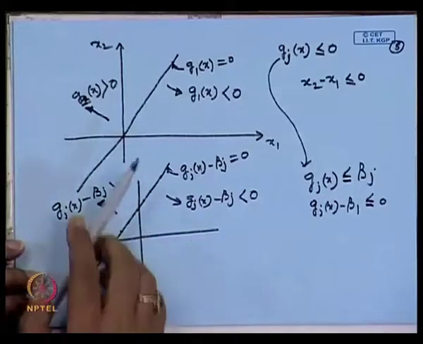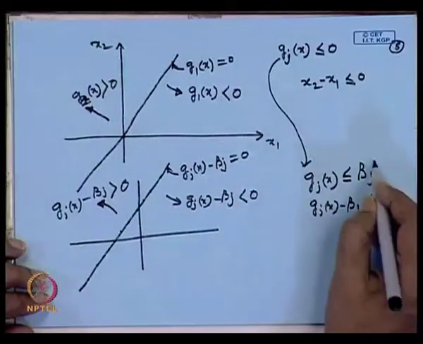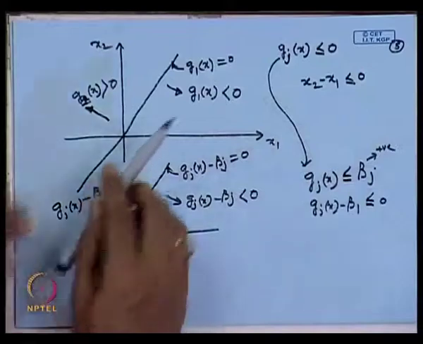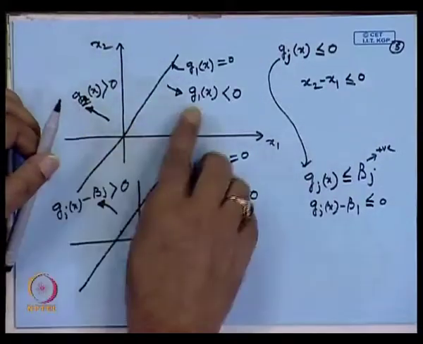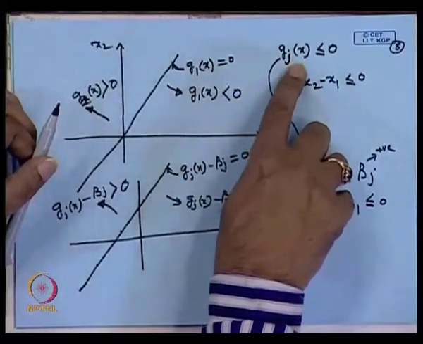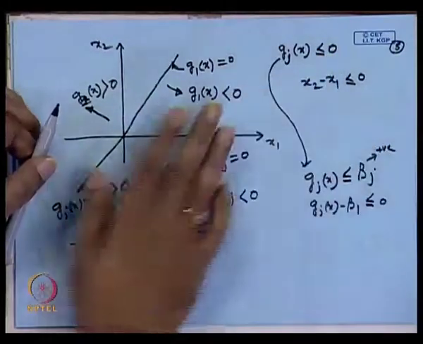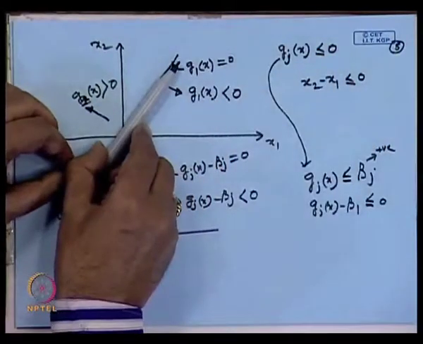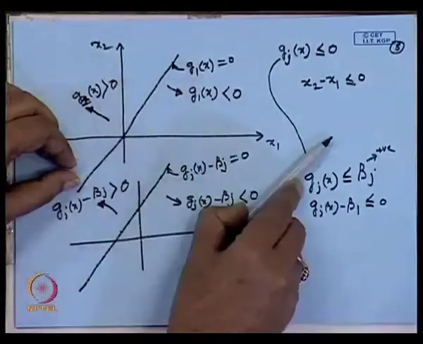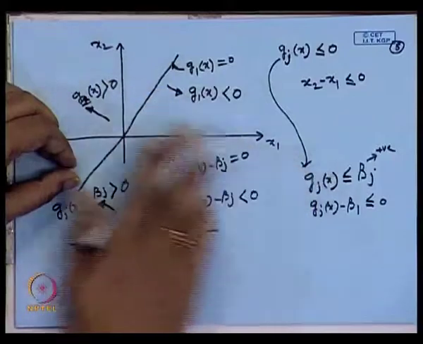Now, you see previously when there is no perturbation, beta j is a positive quantity. Then our search space was only one constraint, g1 less than or equal to 0. That means the whole space on the line and below this line is our constraint region.